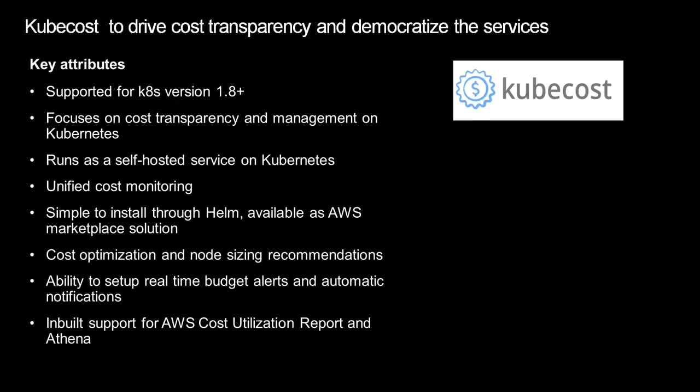So let's say you have a Kubernetes cluster which is over provisioned, and you are not utilizing the full capacity. In that case, the customer needs to identify that if I can scale in some of the instances, they will be properly utilized. So overall, KubeCost has a mechanism called moving average calculation.